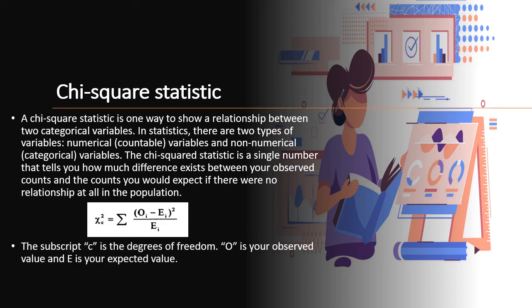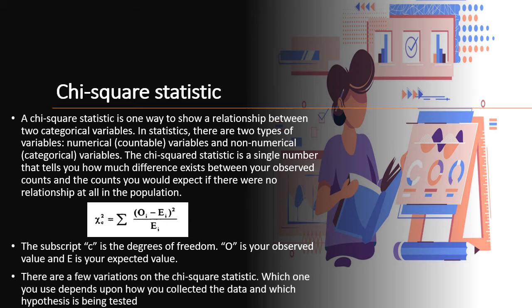Here you can see chi-square equals the summation of (Oi minus Ei) squared upon Ei. Here the subscript c refers to the degrees of freedom, O is our observed value and E is our expected value.